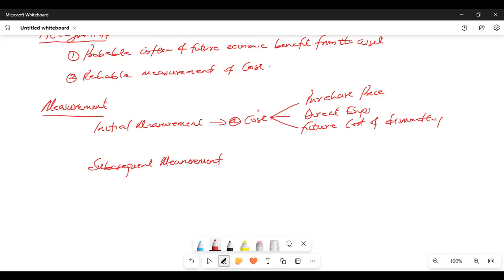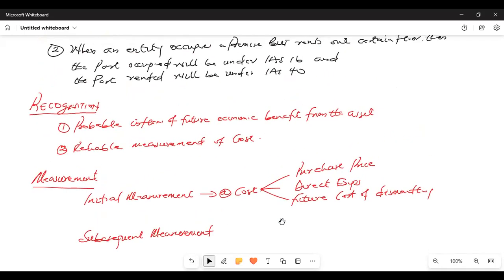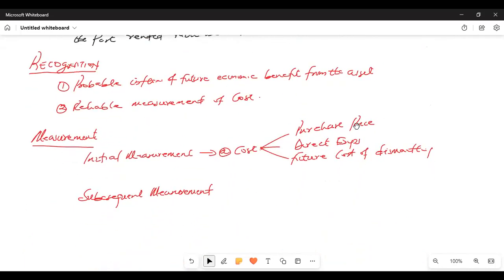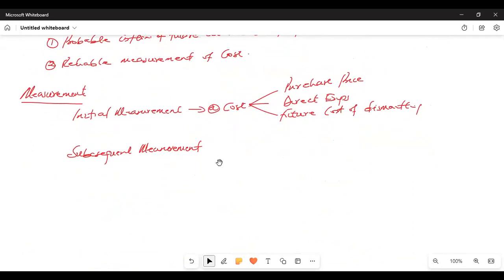I told you that when you are constructing a property to be used as an IP, IAS 16 will apply until the property is made ready for use. So when you are constructing, IAS 16 applies. Everything for the cost, IAS 16 applies. All right. So we look at the subsequent measurement.